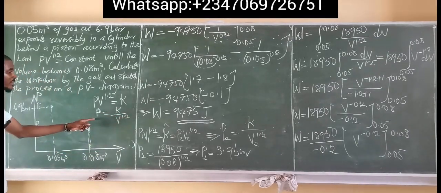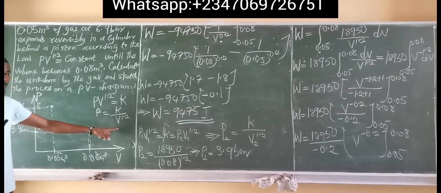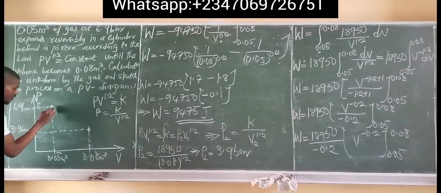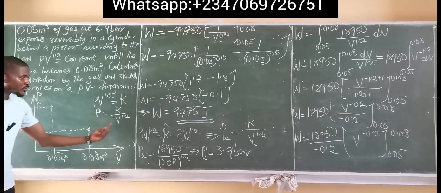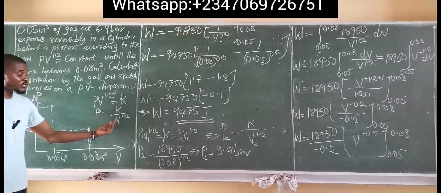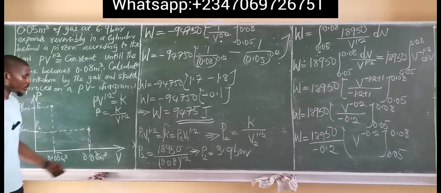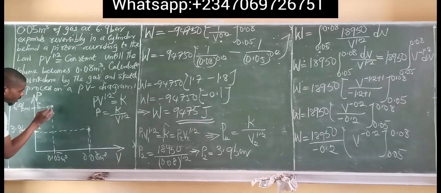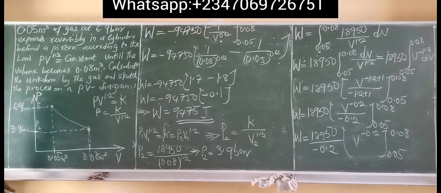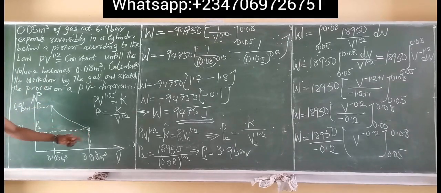This means that pressure is inversely proportional to volume. As such, the graph is going to be a little bit curvy because volume is raised to the power of 1.2, not the power of 1. So the diagram becomes a little bit curved in this manner. Now, if it was a linear law, then it would have been a straight line graph.